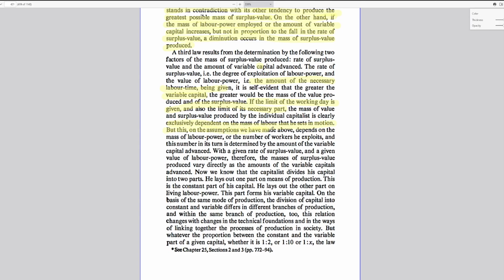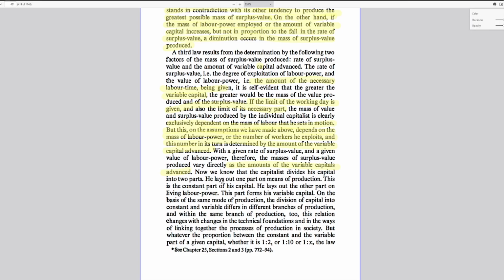But this, on the assumptions we have made above, depends on the mass of labor power, or the number of workers he exploits, and this number in its turn is determined by the amount of variable capital advanced. With a given rate of surplus value and a given value of labor power, therefore, the masses of surplus value produced vary directly as the amounts of variable capital advanced.